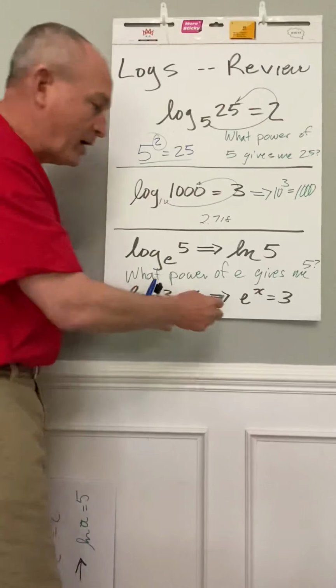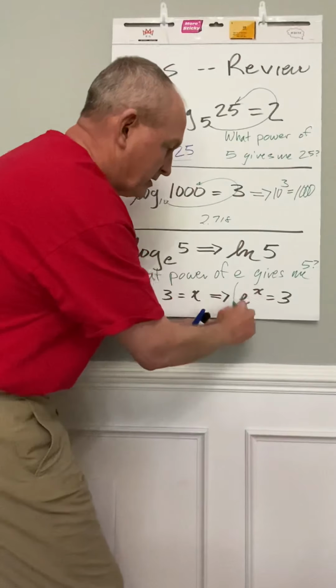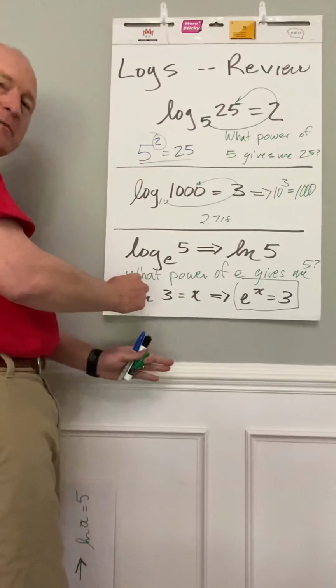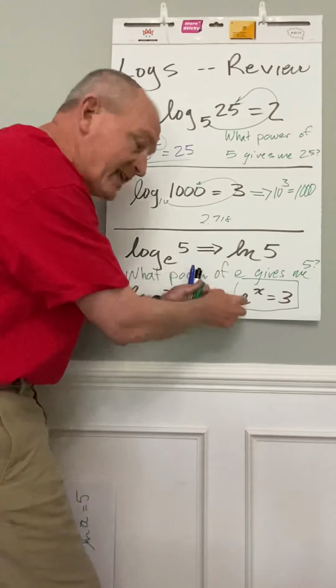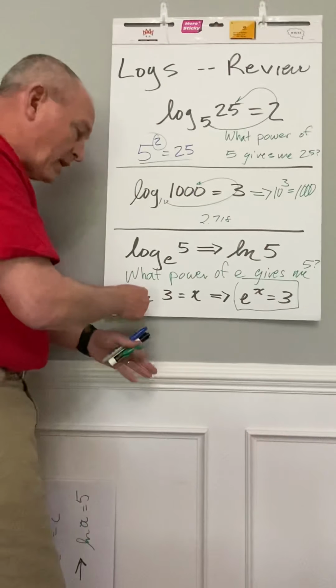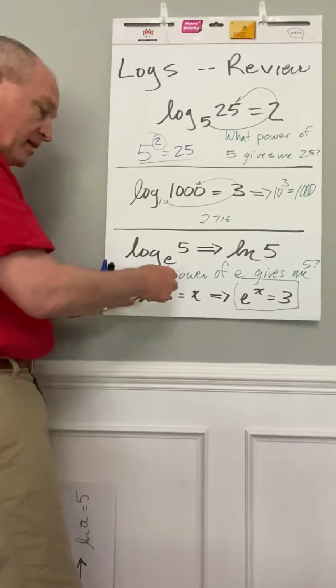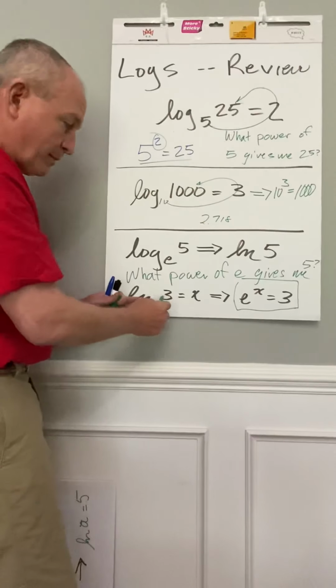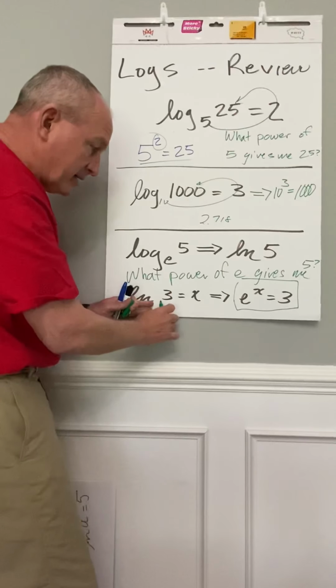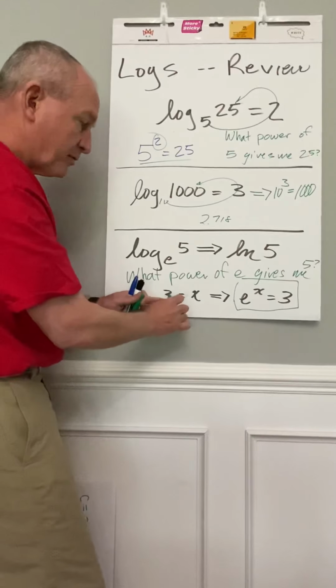Sometimes we're asked to go from the exponential equation to the logarithmic equation. Well, if it's an e, then we know it's going to be the natural log. Natural log of 3 equals x is asking, what power of e is going to give me 3?